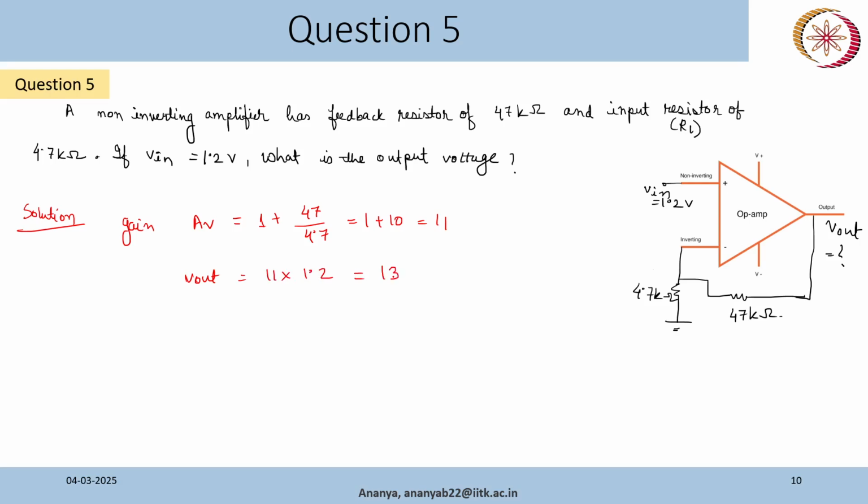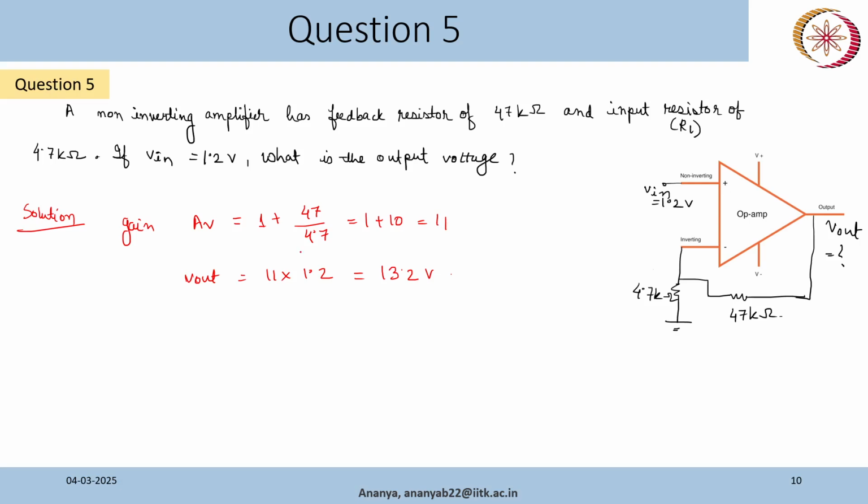So this is 13.2 volt. A non-inverting amplifier gives you the same sign for V in and V out, but because of this one plus term we get a gain of 11.